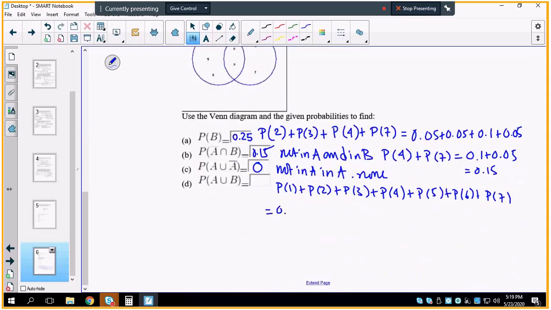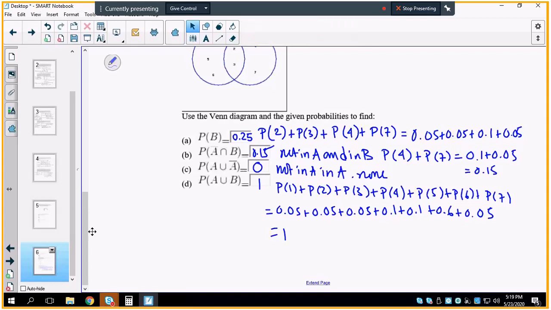So I will get 0.05 plus 0.05 plus 0.05, the first three, then 0.1 plus 0.1 plus 0.6 plus 0.05, and then I'm going to add them. So 0.05 plus 0.05 is 0.1, plus 0.05 is 0.15, 0.25, 0.35, 0.95. So the sum is 1, hence that's the probability of the union.